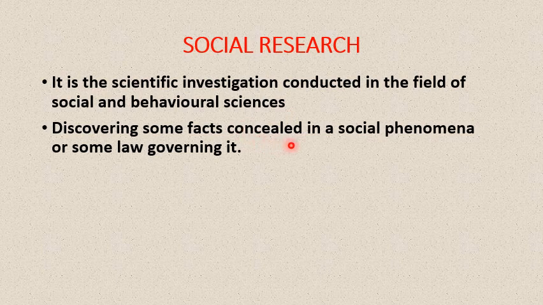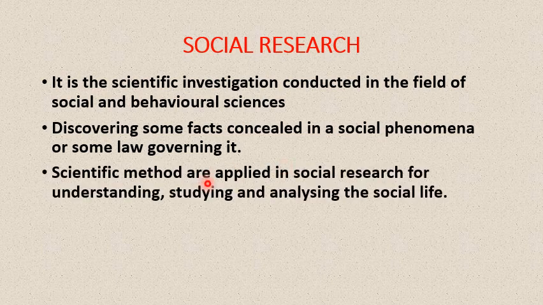Social research is the discovery of some facts concealed in a social phenomenon or some law governing it. Scientific methods are applied in social research for understanding, studying, and analyzing social life. So, through social research, we are trying to understand, study, and analyze the social life of human beings.